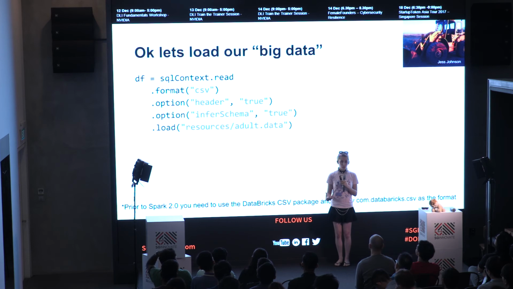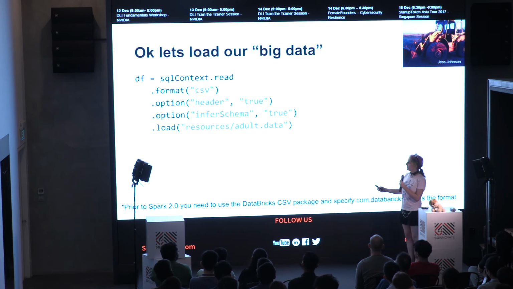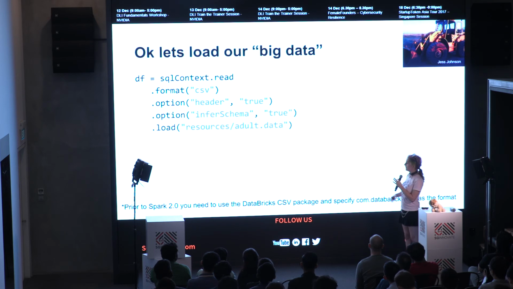This is really useful when you have terabytes of logs generated by people who have long since left your company, or alternatively generated by people who will not respond to my emails. So we're going to load some CSV data, but if we were loading something that required a bit more complexity, it's really nice that Spark can also handle that.